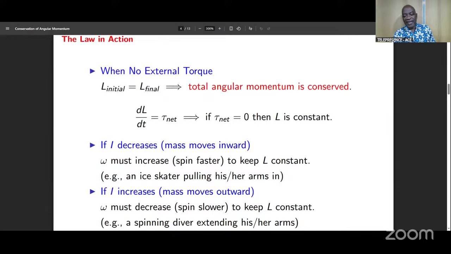Like we noted earlier, if I decreases, meaning that the mass moves inward, remember, I is mr squared, then omega must increase. For example, if you are talking about a skater who is pulling in his or her arms, then omega must increase to maintain a constant value for I omega.